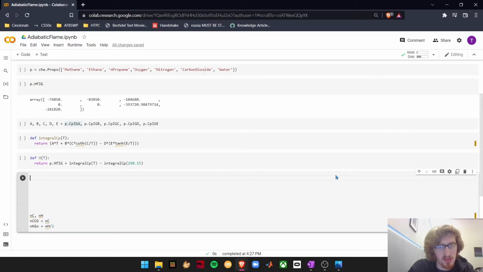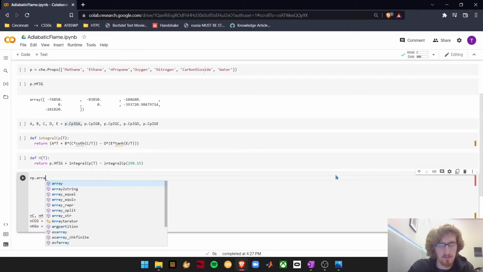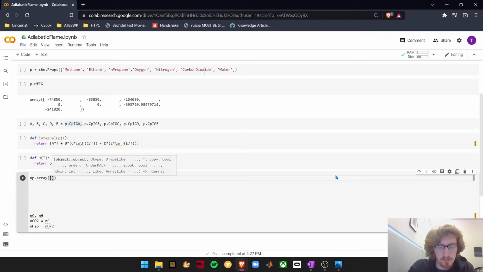And we want the percentages of each of these because we're going to be multiplying it by our hydrocarbon ratios. So we're going to have an array, and it's going to be 95%, 4%, and then 1%.